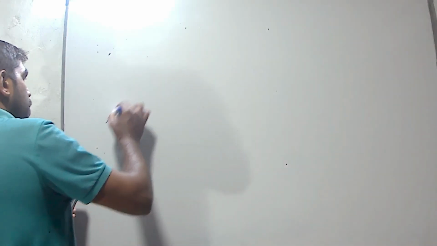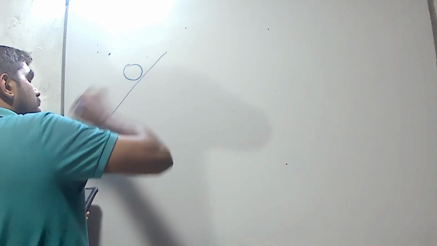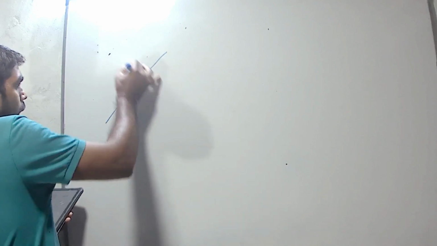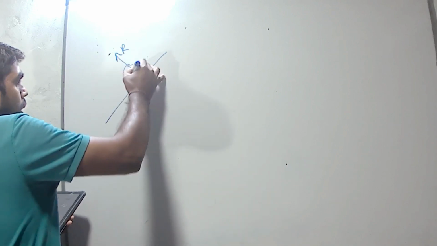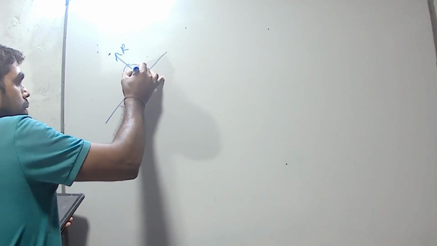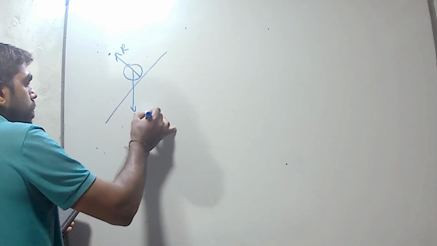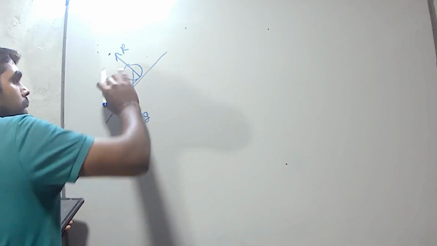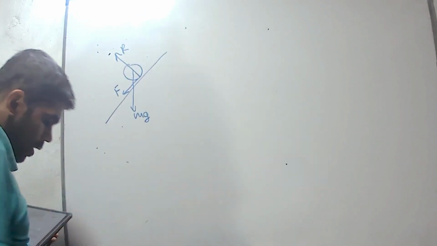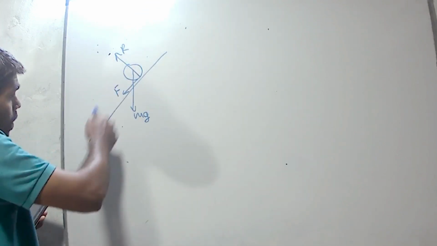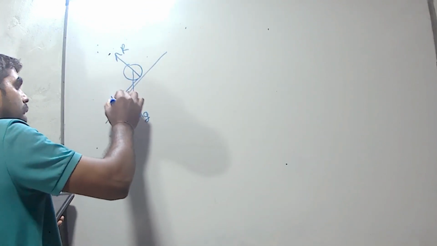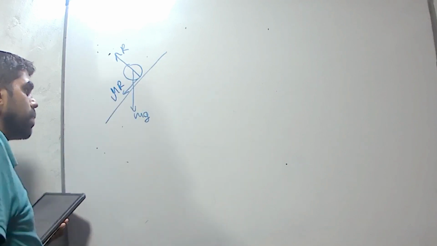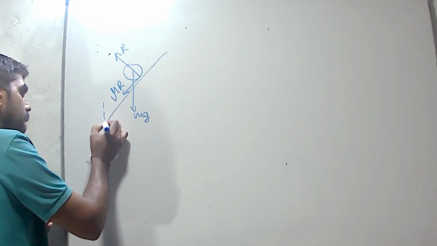I will mark the forces. This one is the object. There is a reaction R on this side, perpendicular to the surface. Weight is downward and there is a friction along the surface. This object is trying to move in this direction, therefore friction should be in this direction. We can write it as mu R. Friction is mu R. This angle is theta.